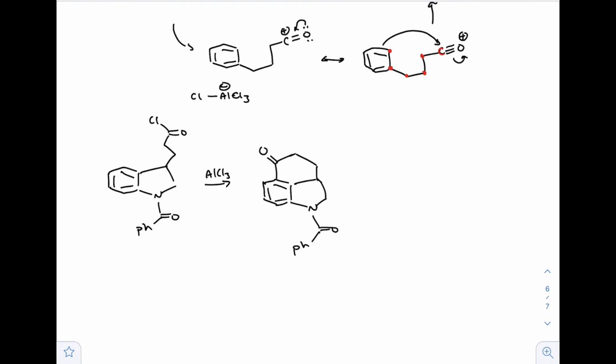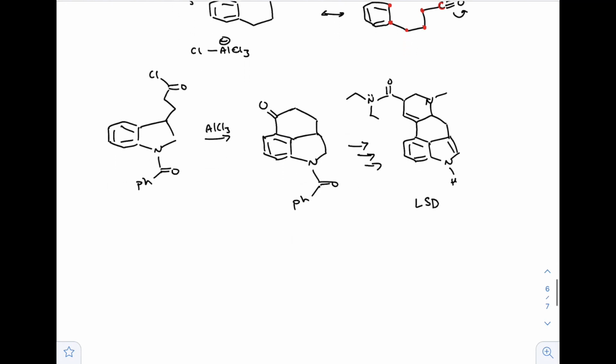So this right here is the process for making LSD. So this is, if you have the structure on the left, and you add aluminum chloride, and it does an intramolecular Friedel-Crafts acylation to make this cool ring structure, which after a few more steps, of course, you get the structure on the right that I'm drawing, and that is LSD.